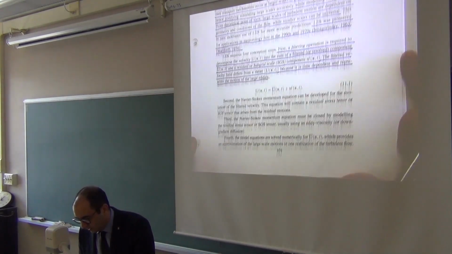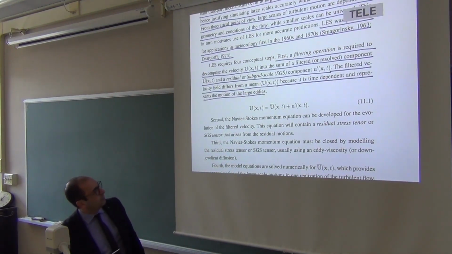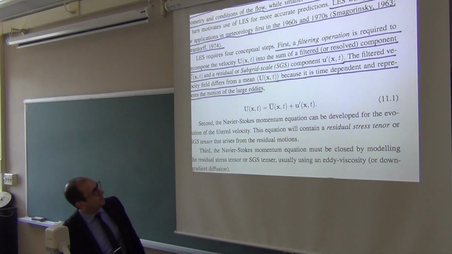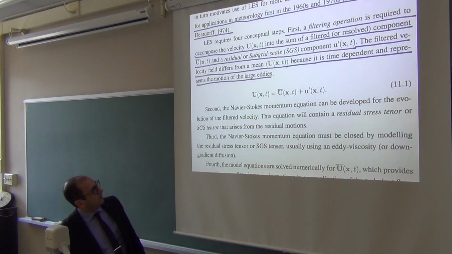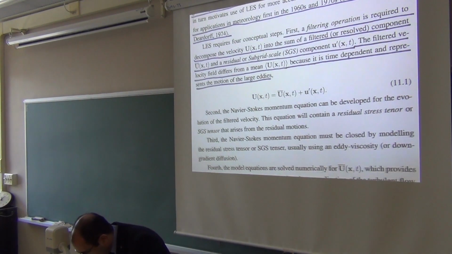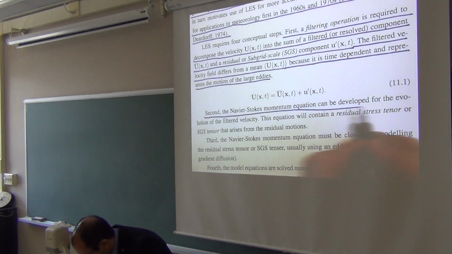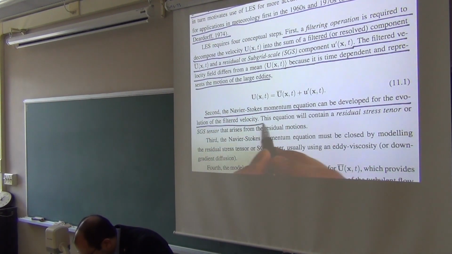Let's go back to our steps and show you the rest of the steps required. In the second, the Navier-Stokes momentum equation can be developed now for the filtered velocity.